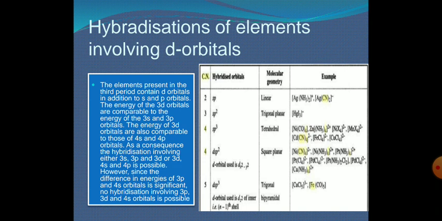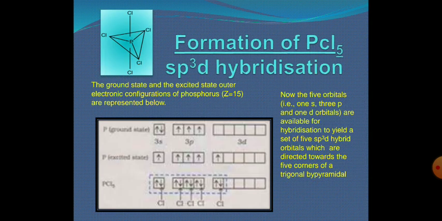Those molecules which possess square planar geometry, for example tetracyanonickelate and tetraammineplatinate, have dsp2 hybridization. Their hybridized orbitals and corresponding molecular geometry are also explained in this table.